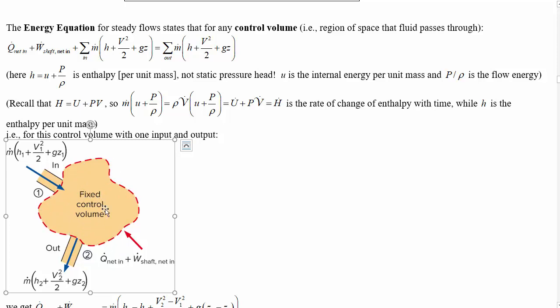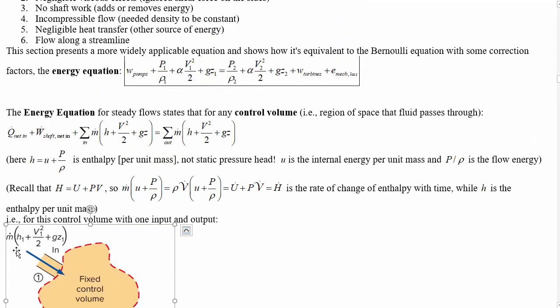We are saying the total energy going in equals the energy going out, and the energy going in is going to be the mass flow rate times the sum of all the total energy per unit mass terms going in. And the energy per unit mass, we're accounting for all the energy here. So now we're looking at h, which is enthalpy, enthalpy being internal energy plus flow energy, pressure divided by density.